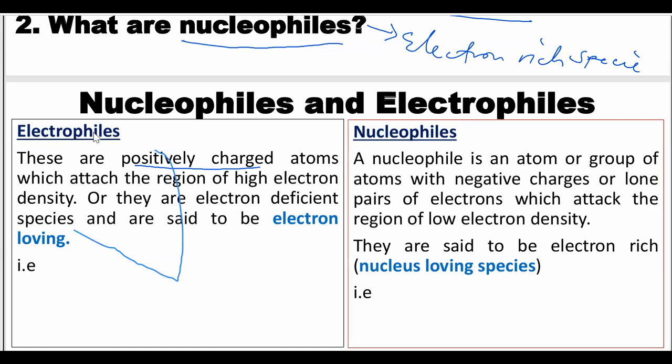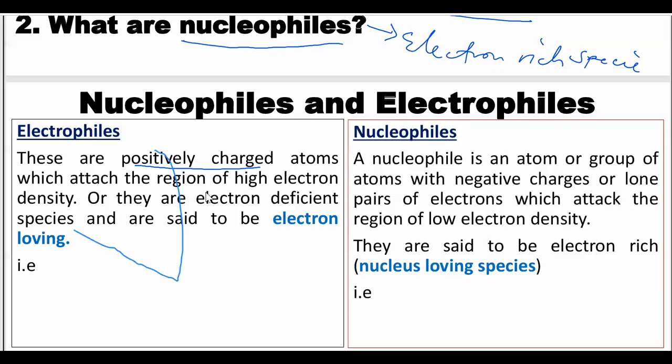Okay, so in this definition we have added a few key points. Number one, we are saying that electrophiles are positively charged atoms. They attack the region of high electron density, which means they are positively charged and move towards where electrons are.